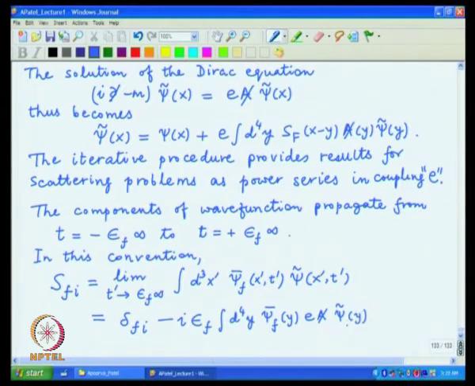The only way one can do practical calculation is in a perturbative expansion, where psi tilde is rewritten as psi plus some corrections, and then you evaluate these objects term by term.